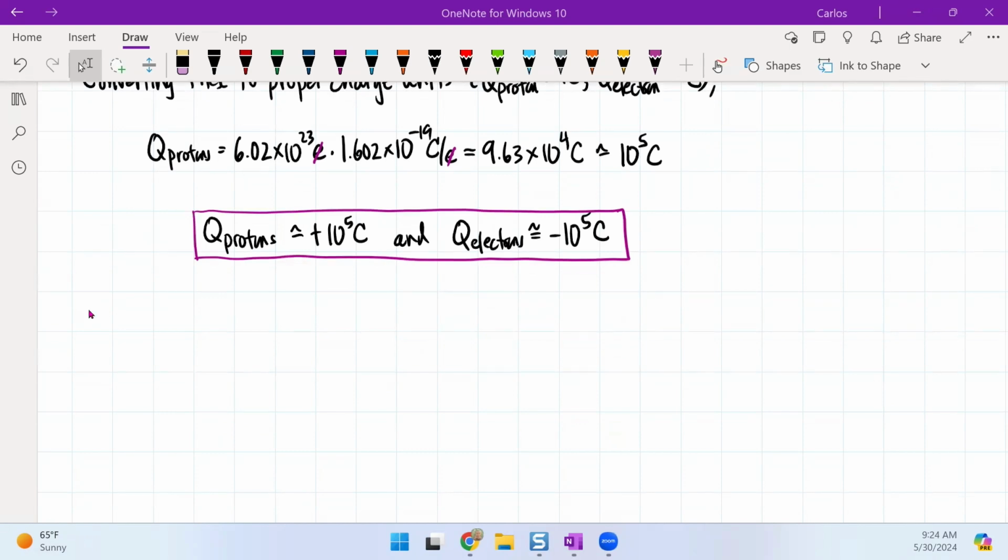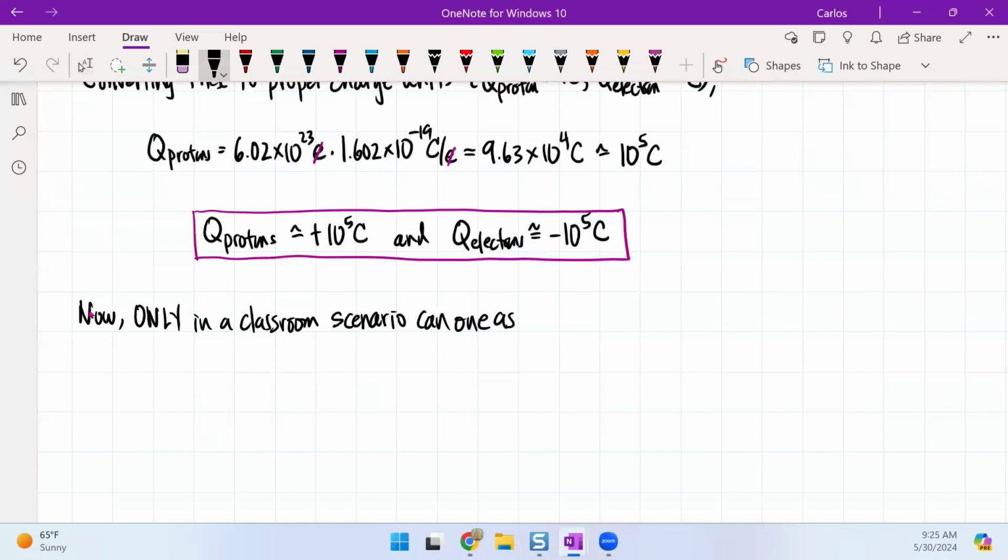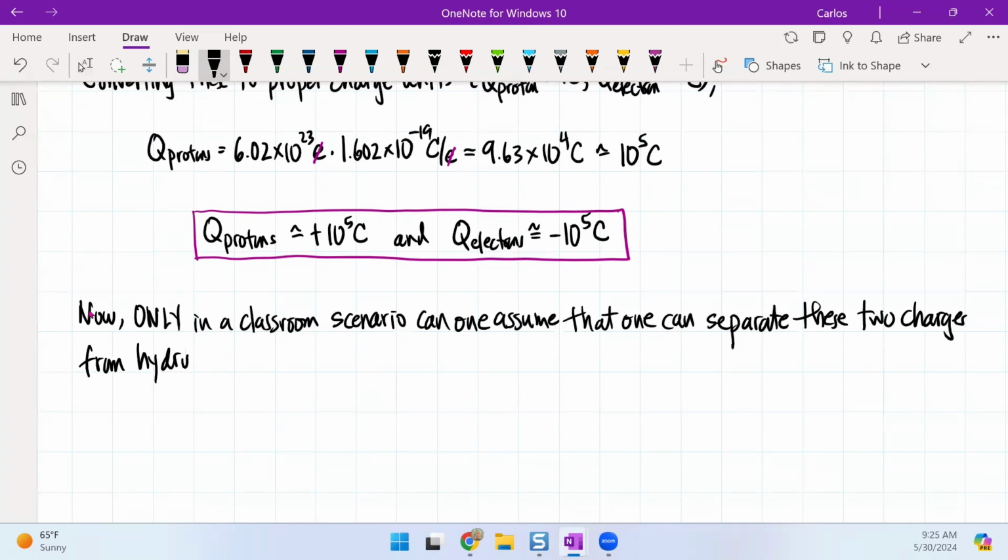Now the question says, only in a classroom scenario can one assume that one can separate these two charges from hydrogen and place them one Earth diameter apart.